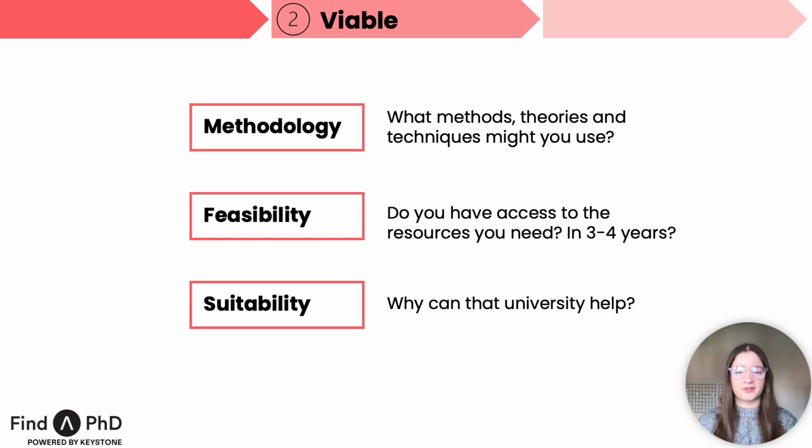And if not, how will you get this access? Do you need a collaborator? And lastly, suitability. This is your chance to personalize your research proposal to the university you're applying to. What can that specific university offer you? Is it equipment, archives? Is it the department expertise? Essentially, can you complete the PhD at the place you're applying to.